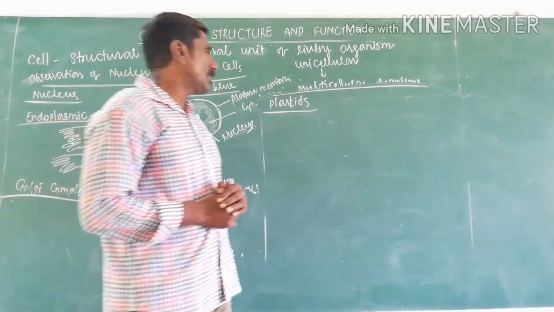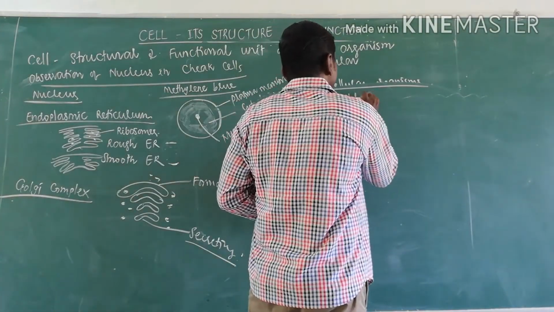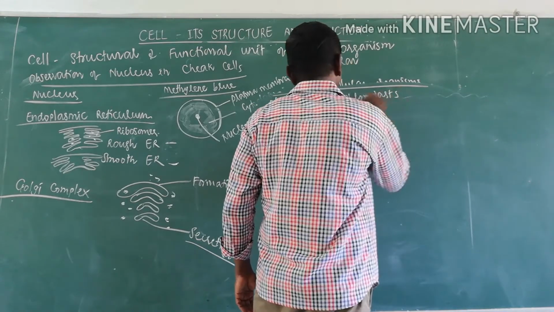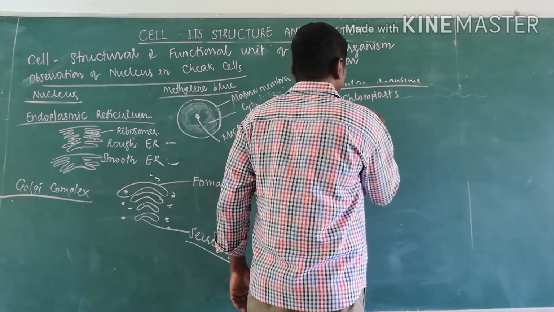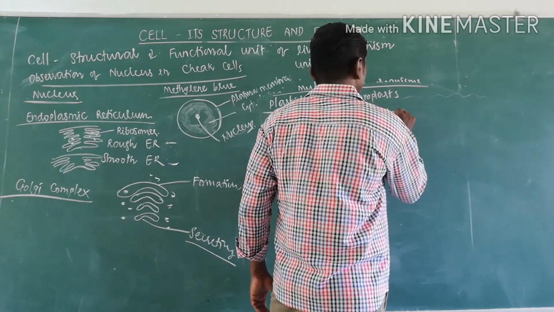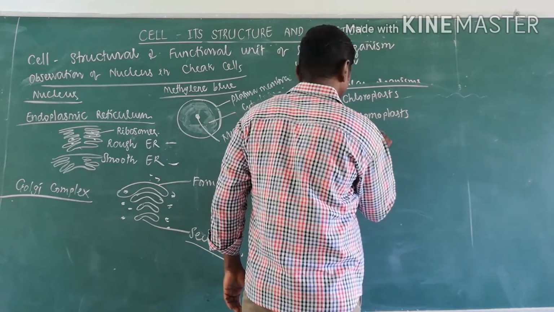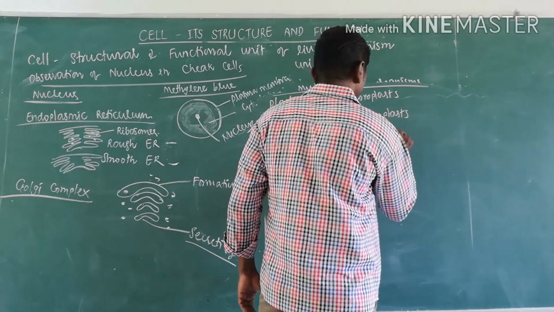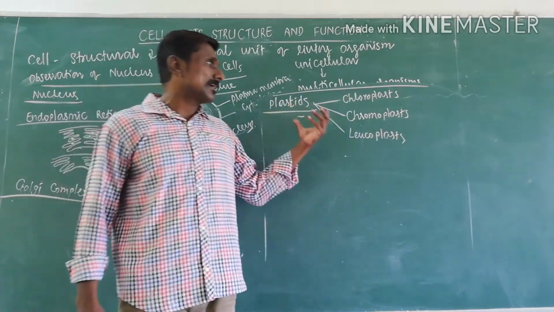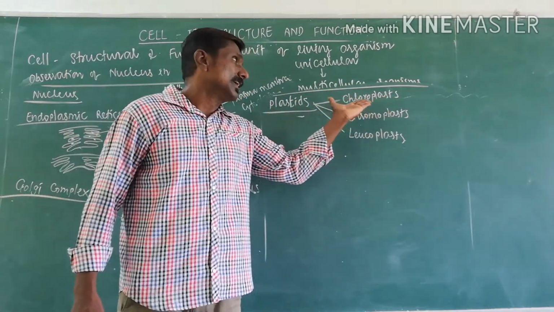These plastids are again of three types here: chloroplast, chromoplast, and leucoplast. Plastids are oval-shaped structures scattered in the cytoplasm.